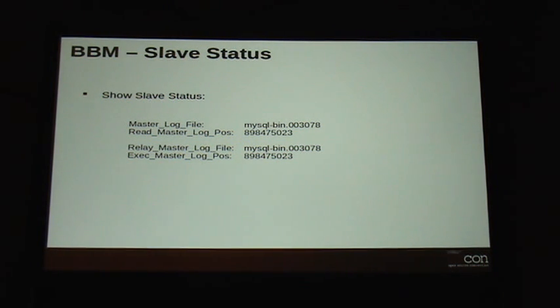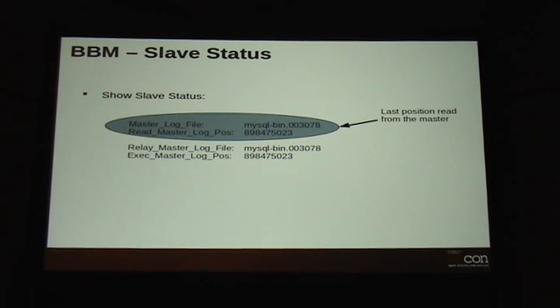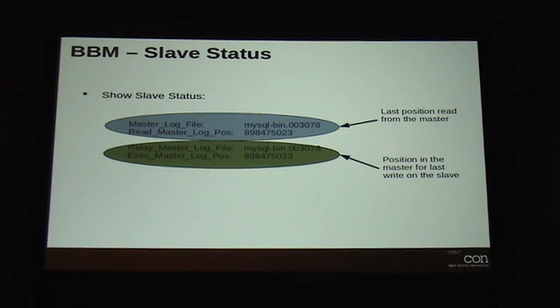And the second one, the relay master log file and the exec master log position, is the last transaction that has been applied to the database. So that is the last position read from the master and the last write on the slave, and those are the bytes that we take the difference of.